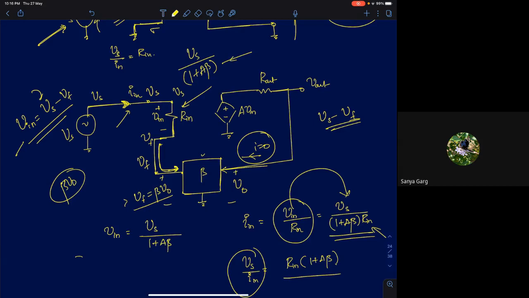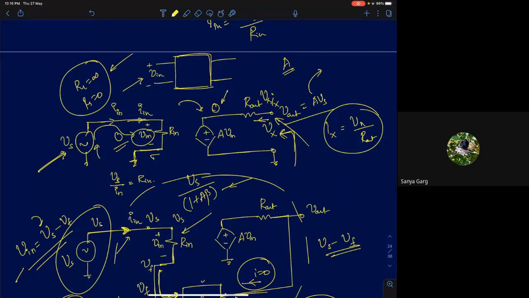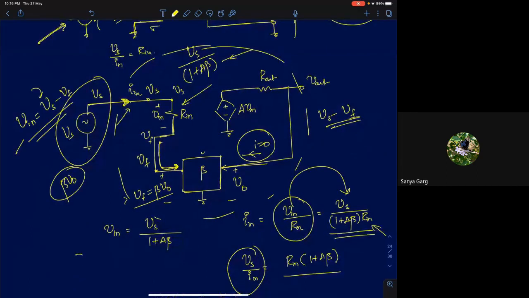So now look at it, the input voltage source, this entire amplifier is going to look like a black box to it. Previously, in open loop, the amplifier was drawing a current of value I in. Now it is drawing a much smaller current. Same voltage, much smaller current.